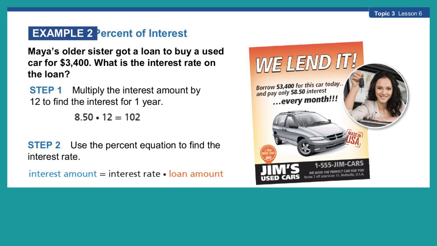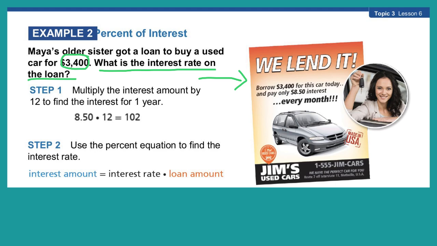This is example number 2 on the top of page 181. And it says that Maya's older sister got a loan to buy a used car for $3,400. And we want to know what is the interest rate on the loan. So I'm going to go over here and I'm going to get some more information.